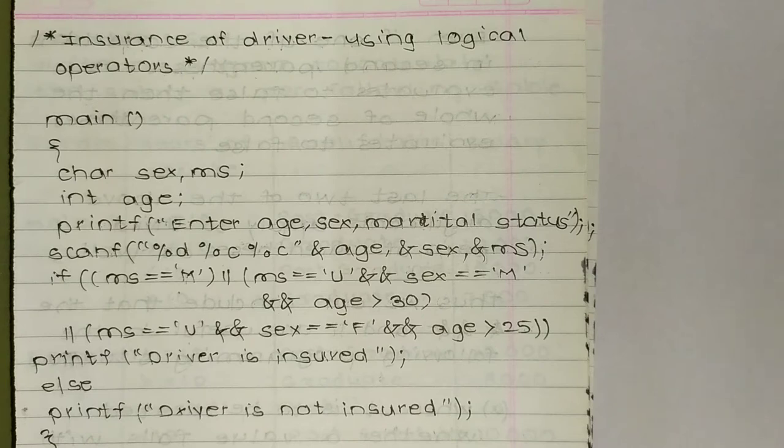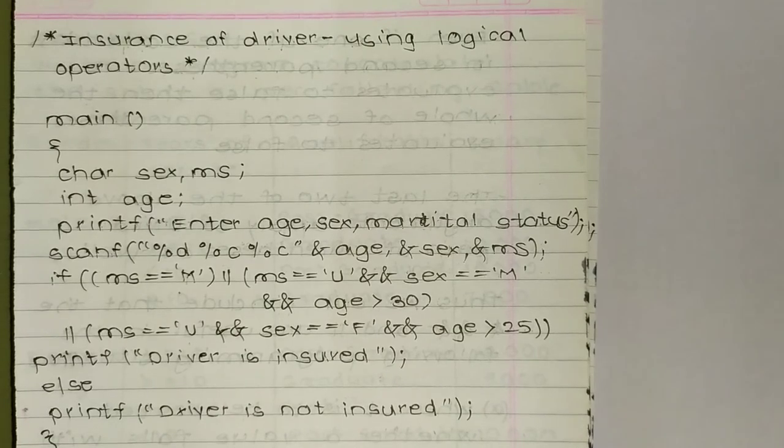Now the logical statement part is starting. If ms is equal to M, that means it is a comparison, an equality. So is equal to is the operator.